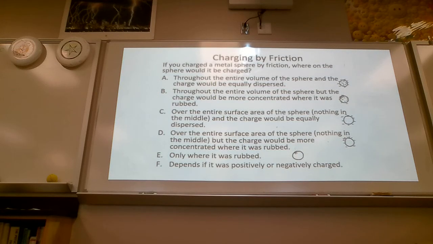Okay. So, charging by friction. Let's say you charged a piece of metal by friction. Say you charge it negatively, how would the electrons distribute themselves on that conductor, on that sphere?